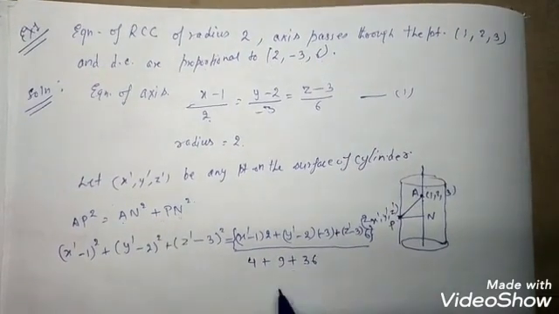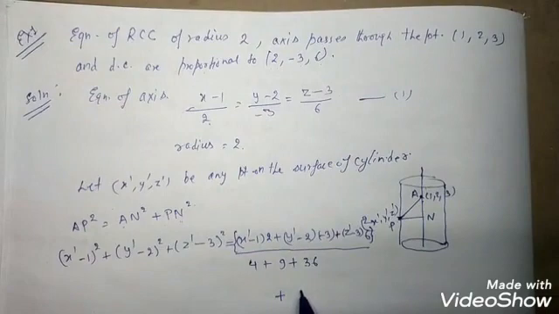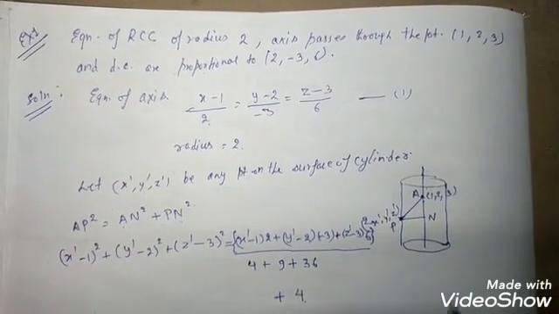PN is the radius, so PN square is 2 square, that is 4.